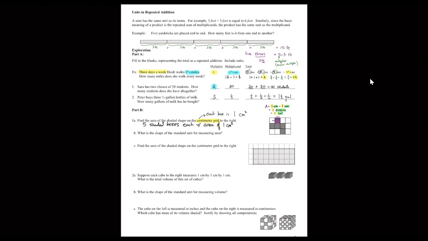So that's the same as saying we got the repeated addition, multiple additions: 1 centimeter squared plus 1 centimeter squared plus 1 centimeter squared plus 1 centimeter squared, and the other one, centimeter squared. In total, that would give us 5 centimeters squared, or 5 square centimeters if you like.